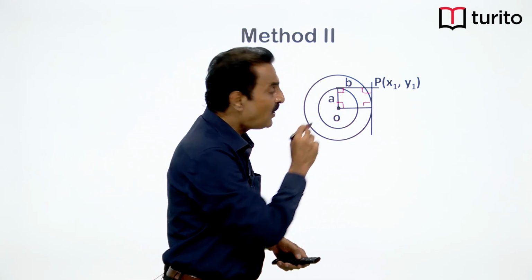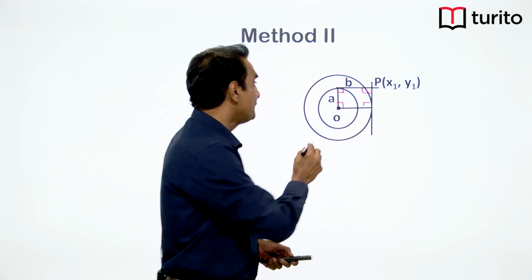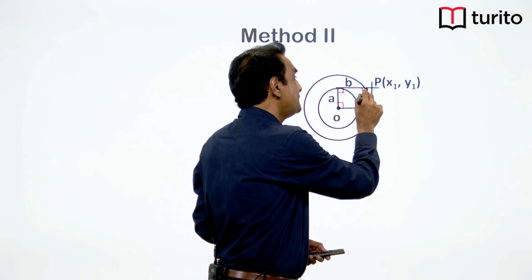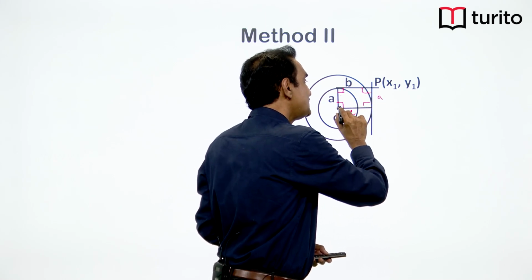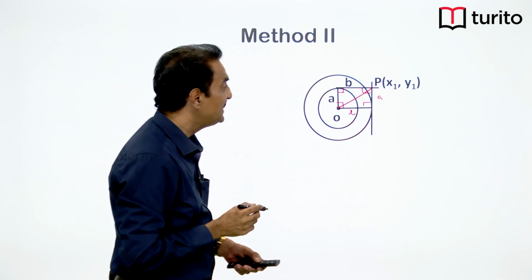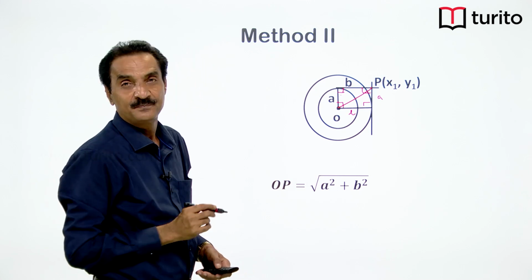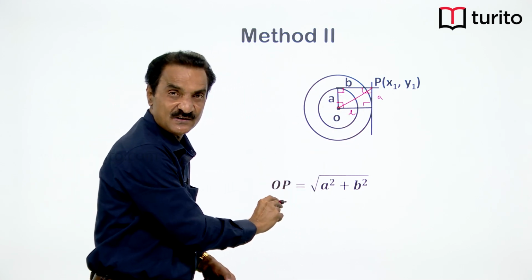Then what is the figure formed? It is a rectangle. So, if this is A and this is B, then this is A, this is B. Then what is the length of the diagonal? Length of the diagonal is OP. OP is equal to root over A square plus B square, is it not?